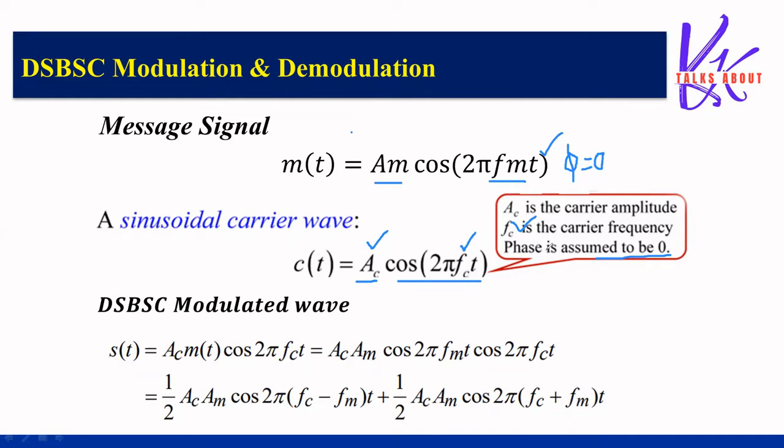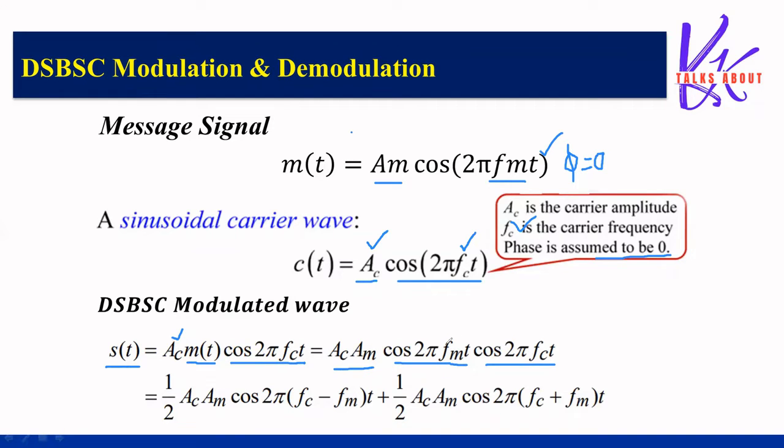When the wave is modulated, the modulated wave S of t is nothing but M of t into C of t, that is AC cos 2 pi FCT. So simply, if we multiply the message signal with your carrier signal, we are going to get the DSBSC modulated wave. Expanding this, we have AC AM cos of 2 pi FMT into cos of 2 pi FCT.